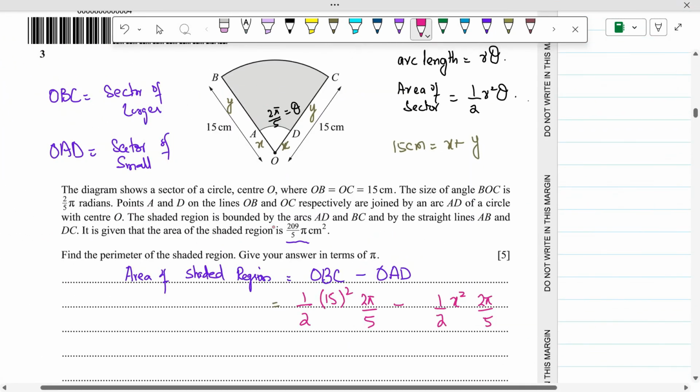The area of the shaded region is given, which is 209 over 5 pi.